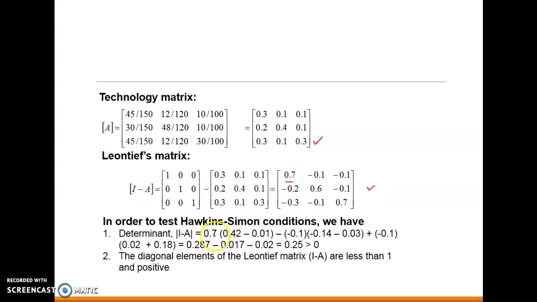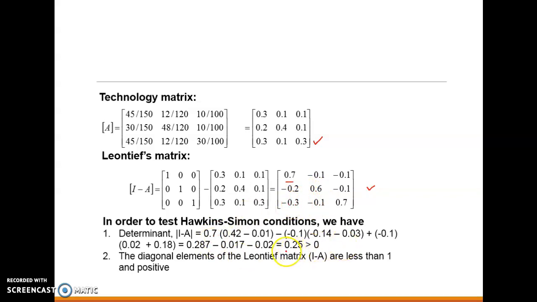It is 0.7 multiplied by, deleting the first column and first row, 0.42 minus 0.01, then minus 0.1 multiplied by, deleting the second column and first row, minus 0.14 minus 0.03, then plus minus 0.1 multiplied by, deleting the first row and third column, 0.02 minus minus plus, that is 0.18.